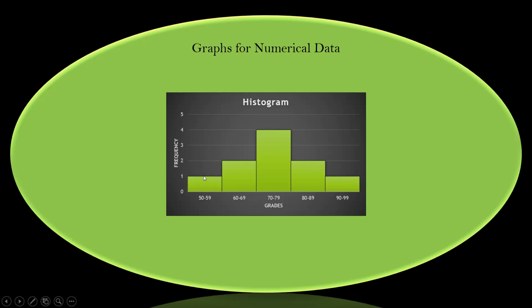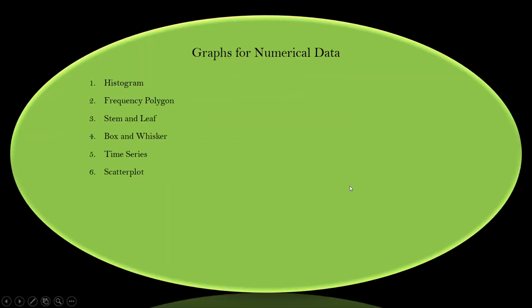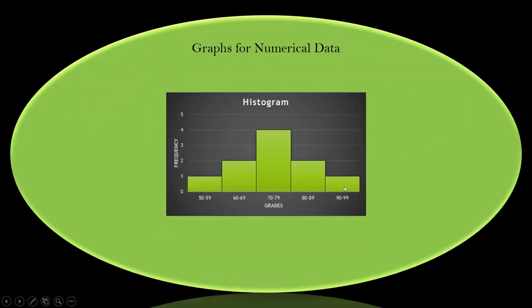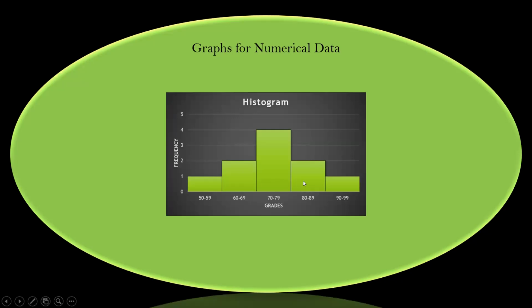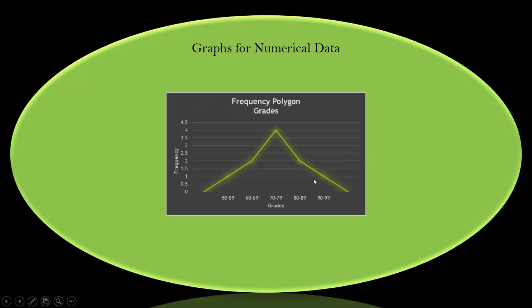And then to close it out, because a polygon is a closed-sided figure, it will just go down one interval, which has a frequency of 0, and it will go up one interval, which has a frequency of 0. And so you get this closed-sided figure. Some people prefer histograms. Some people prefer polygons. They tell you the same information, just in a slightly different format.